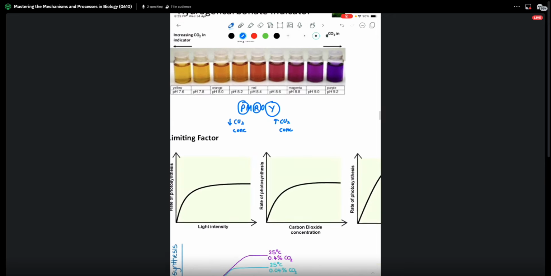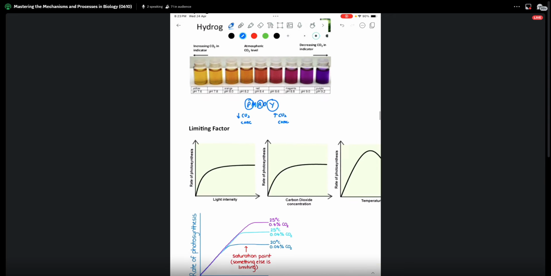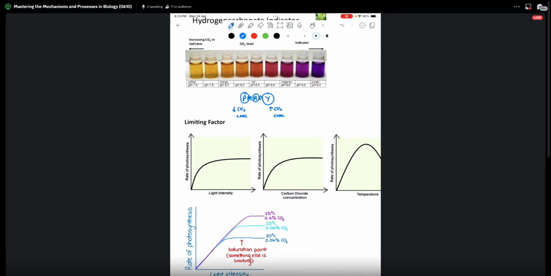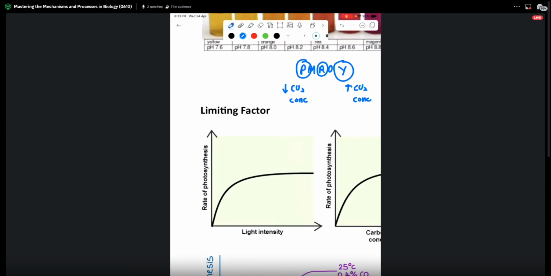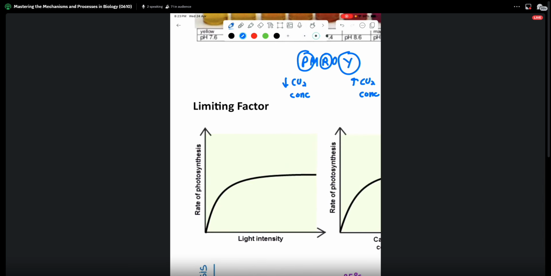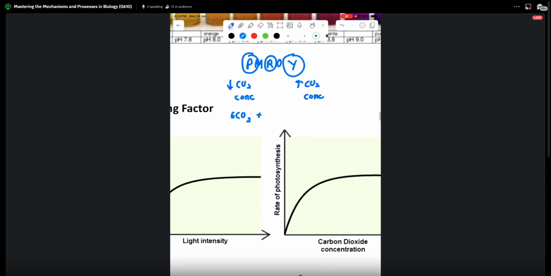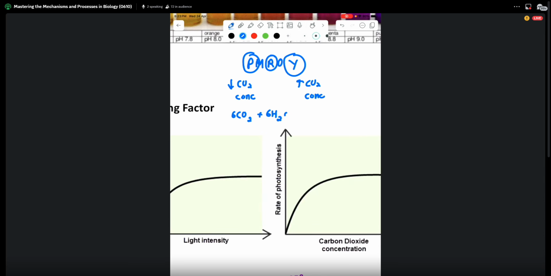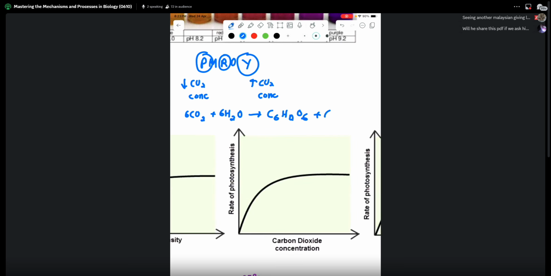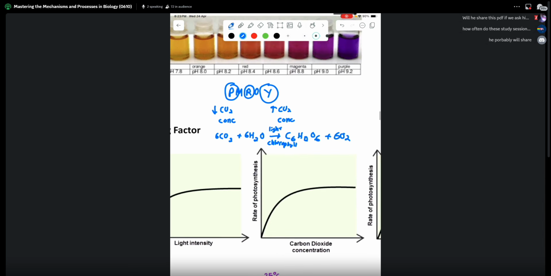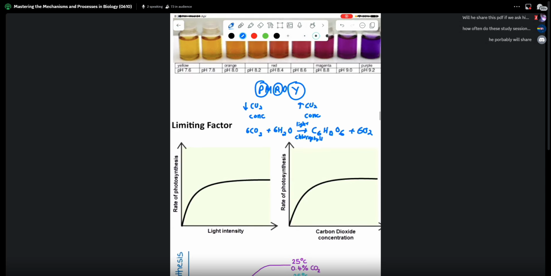All right, now we will enter limiting factors. I'll just go through a little bit only. So what happens with light intensity? Remember the photosynthesis equation: 6CO2 + 6H2O → C6H12O6 + O2, with light and chlorophyll in between.